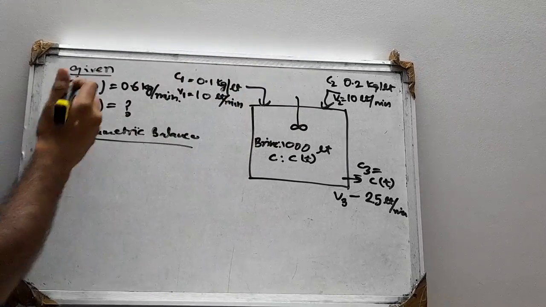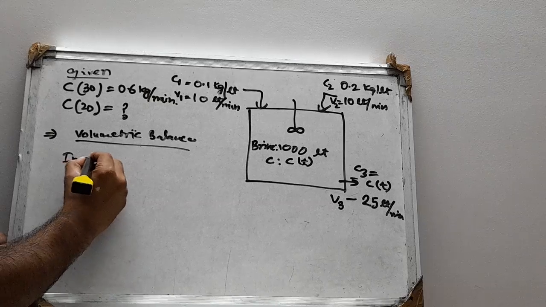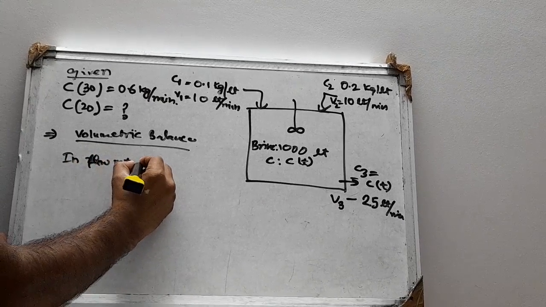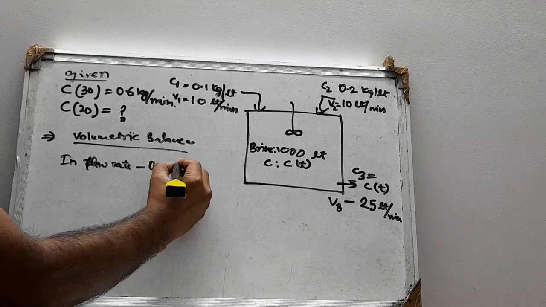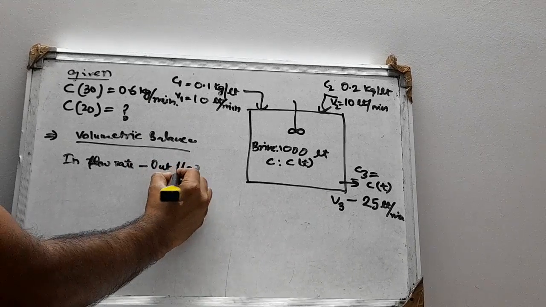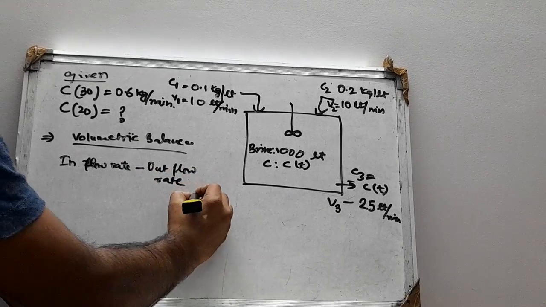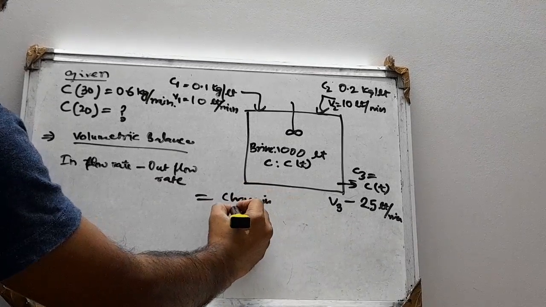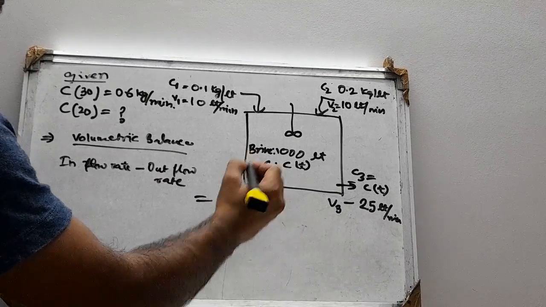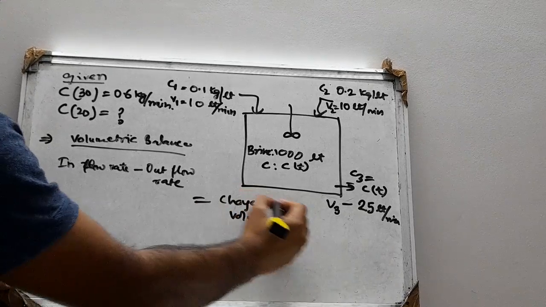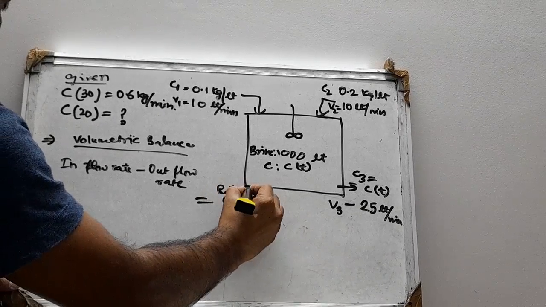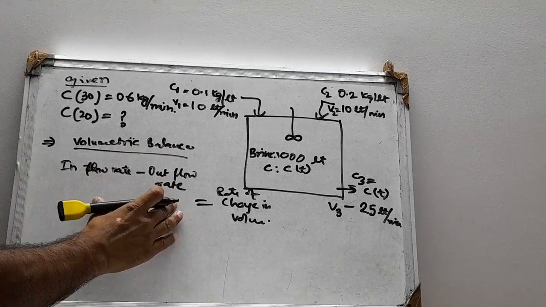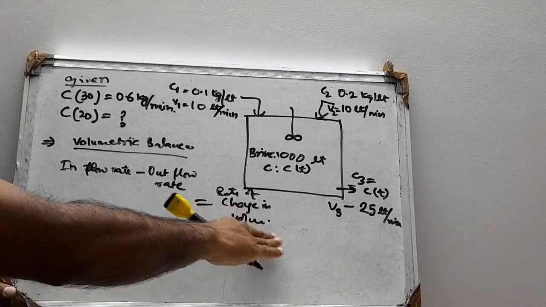So whatever is coming in, the inflow rate, minus the outflow rate, this is a very basic equation, is equal to the rate of change in volume. Since this is for brine, it will give the change in volume of the brine.